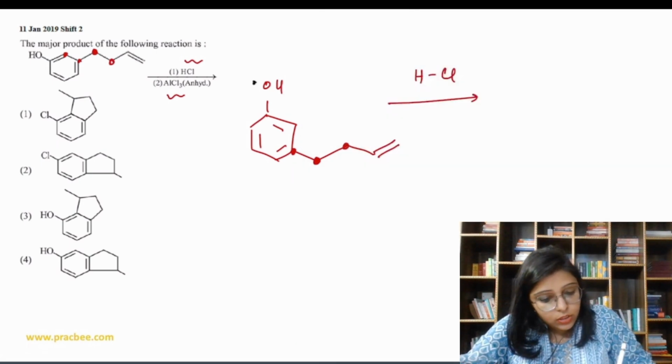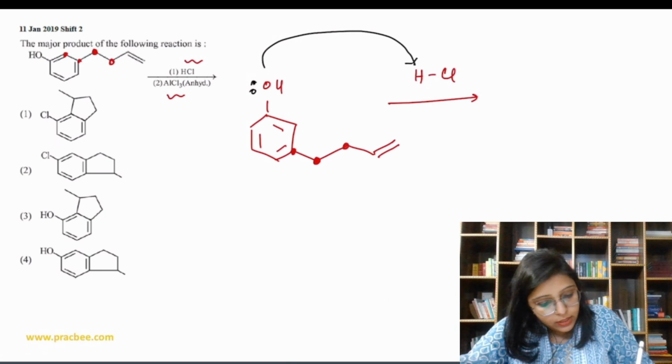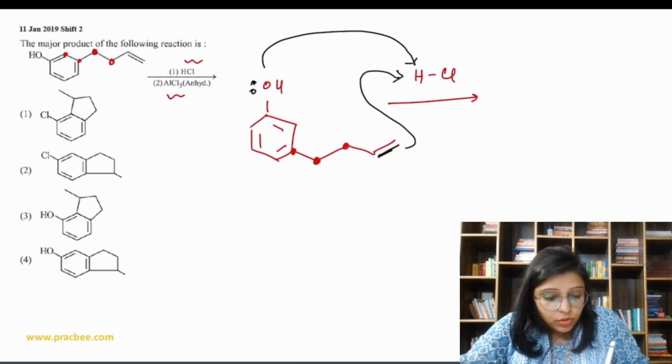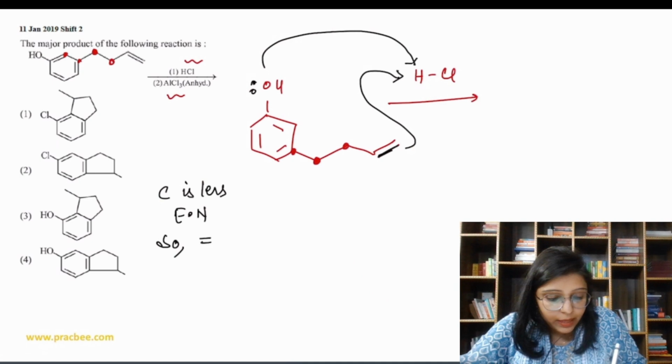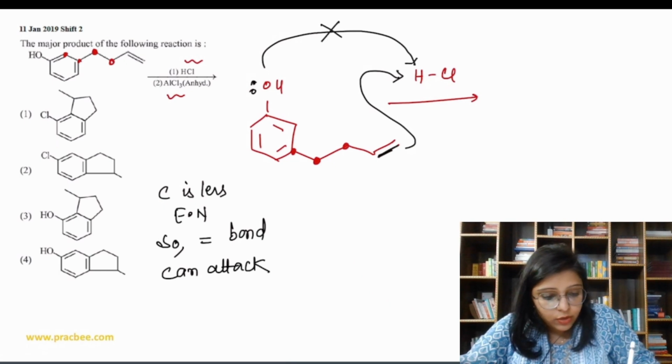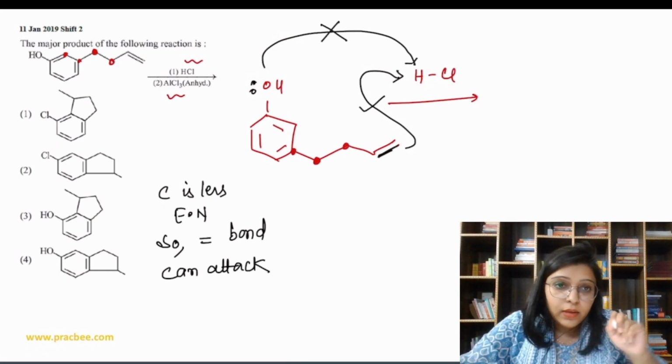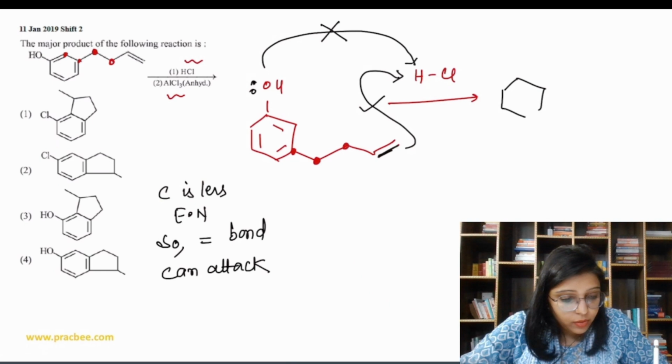So oxygen lone pair can attack on H plus. Even this double bond can attack on H plus. Okay. So carbon is less electronegative. So pi bond can attack. So this will not happen. This is going to happen. And when this is going to happen, we will have OH, and the positive charge over here.